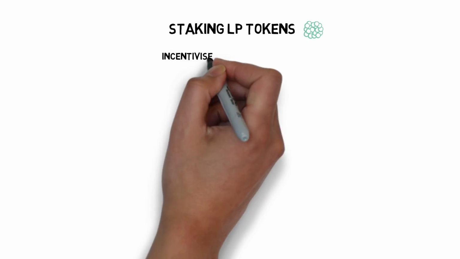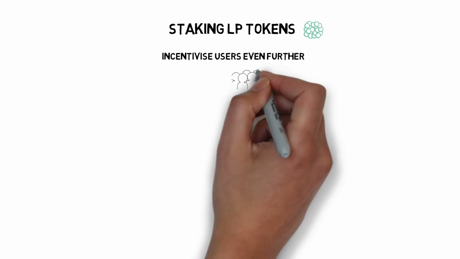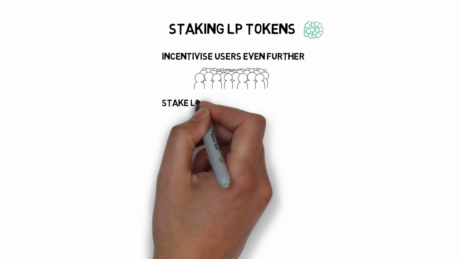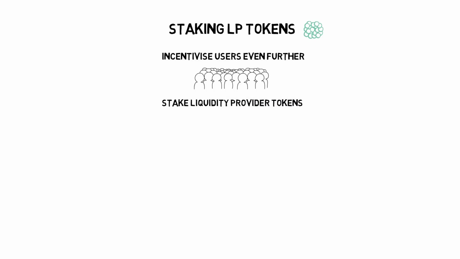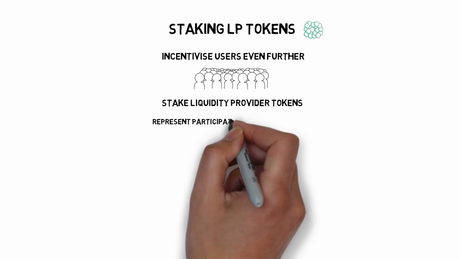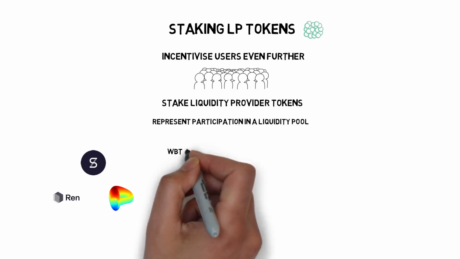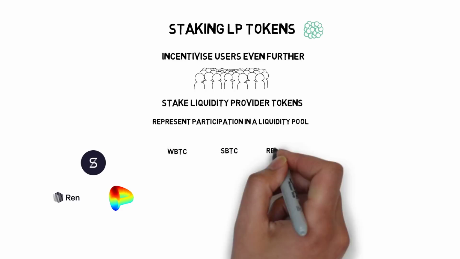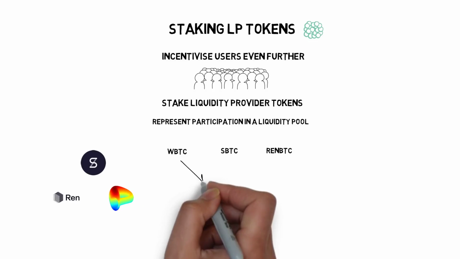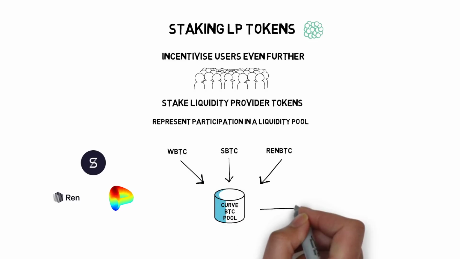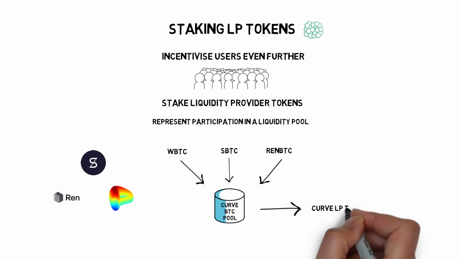Staking LP tokens. Some protocols incentivize users even further by allowing them to stake their liquidity provider or LP tokens that represent their participation in a liquidity pool. As an example, Synthetix, REN, and Curve got into a partnership where users can provide WBTC, SBTC, and REN BTC to the Curve BTC liquidity pool and receive Curve LP tokens as a reward.